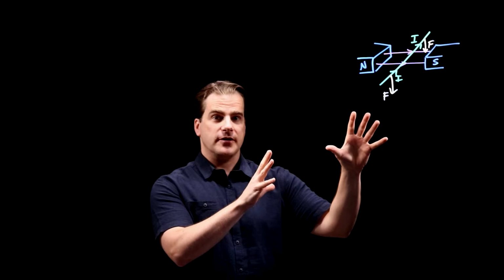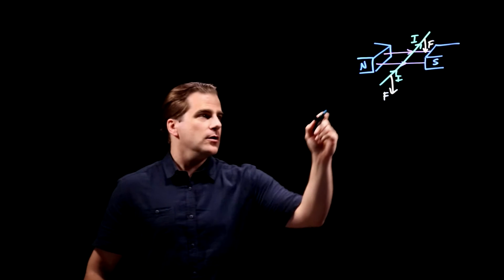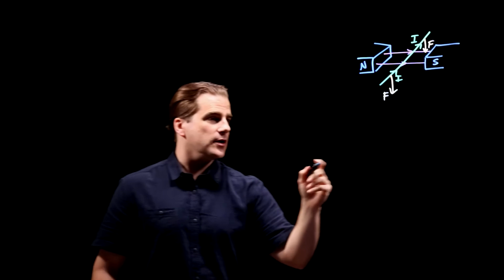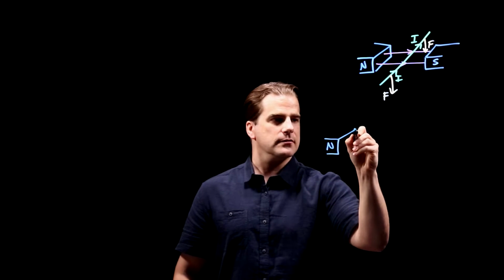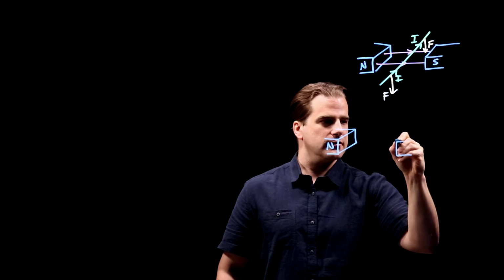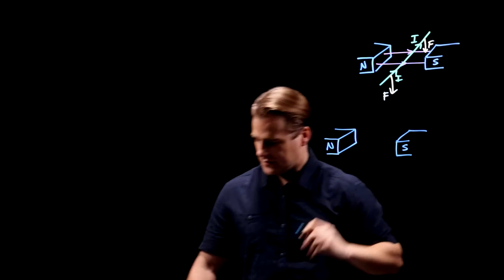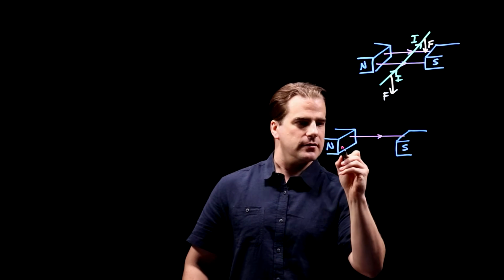Anyway, that's it. That's how generators work. And again, we can be clever. If we make a coil like before, let's see what happens. So, two magnets, north and south, magnetic field.